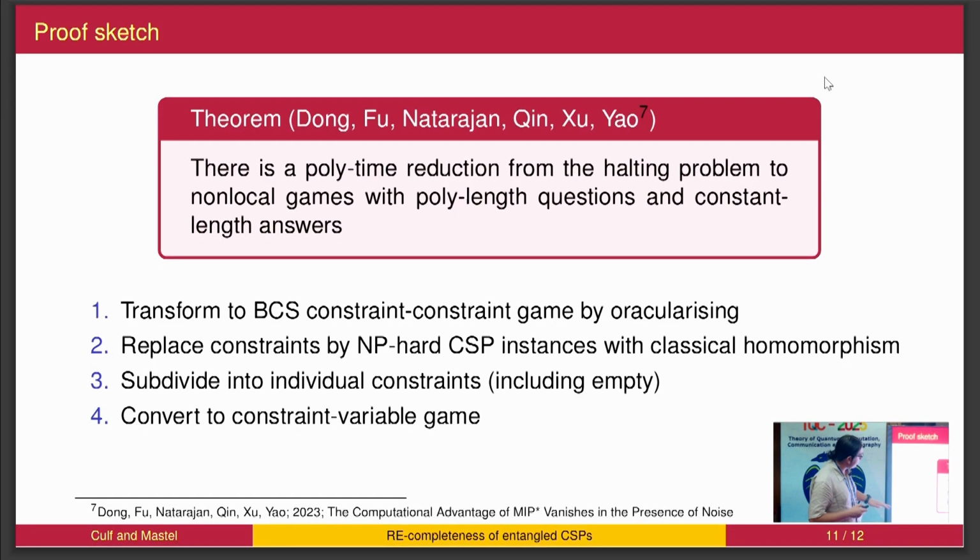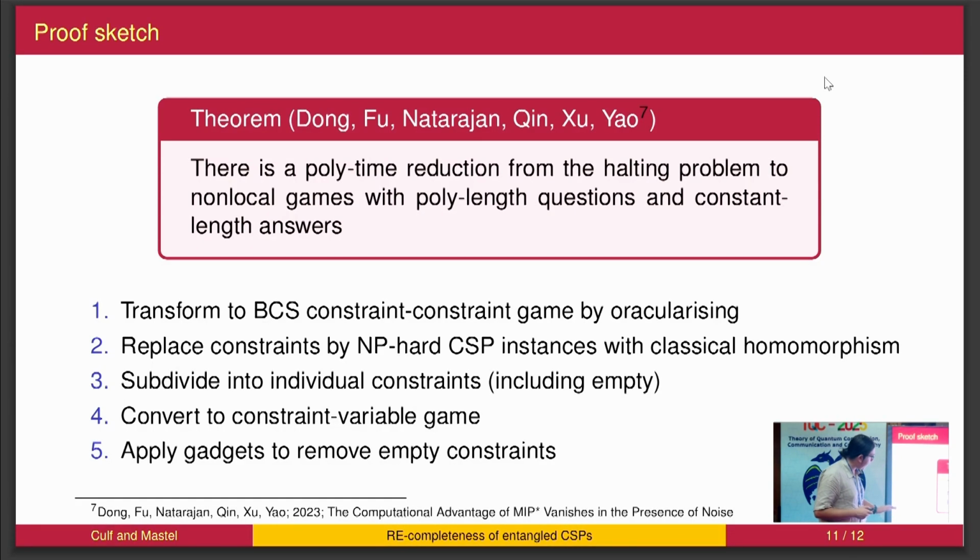Then to finish, we convert via homomorphism of the corresponding algebras to the constraint-variable version of the game, and then we can apply the commutativity gadgets in order to remove any commutation constraints. So because of this final step, this reduction really requires the existence of a commutativity gadget for the particular CSP we want to reduce to in order to get the hardness reduction that we'd like.